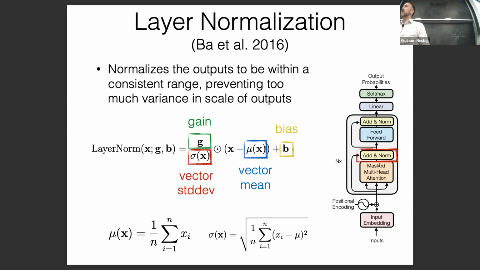Okay. Yeah. What's the difference between this and batch norm? So the difference between this and batch norm is actually explained really well in the layer norm paper. What batch norm does is it normalizes not over the whole layer according to all of the elements of the vector, but over the whole batch according to all of the elements in the batch.